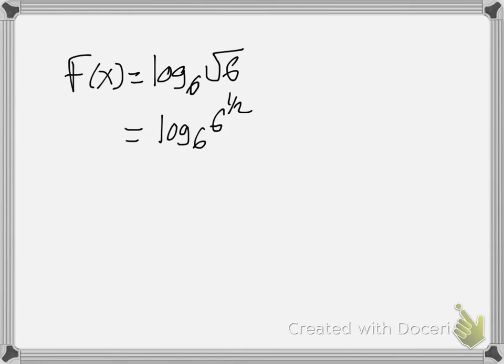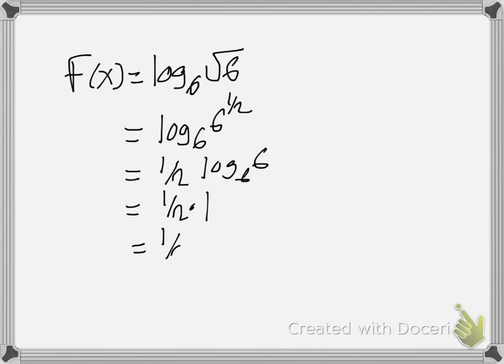The next thing I would do is bring over the 1/2, log base 6 of 6. And then I would have 1/2 times 1, because log base 6 of 6 is 1, and that equals 1/2. I'll even take the time to write f of x. That's it. That's all I want.